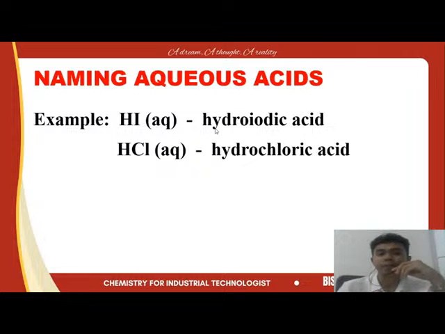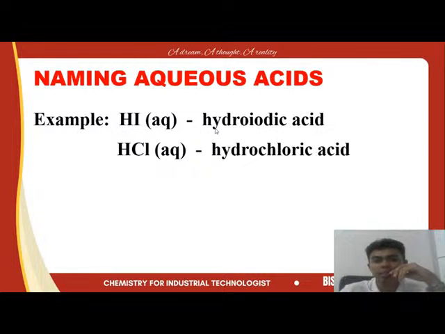That's why you need to use the prefix hydro and IC to name it as an aqueous acid. Again, HI here becomes hydroiodic acid, and HCl becomes hydrochloric acid.